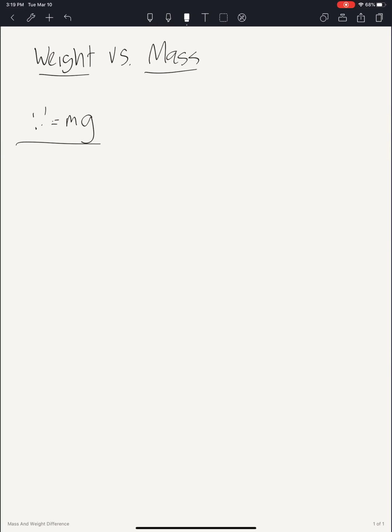All right, so let me start over. If we're talking about weight alone, that is a force due to gravity between two objects.